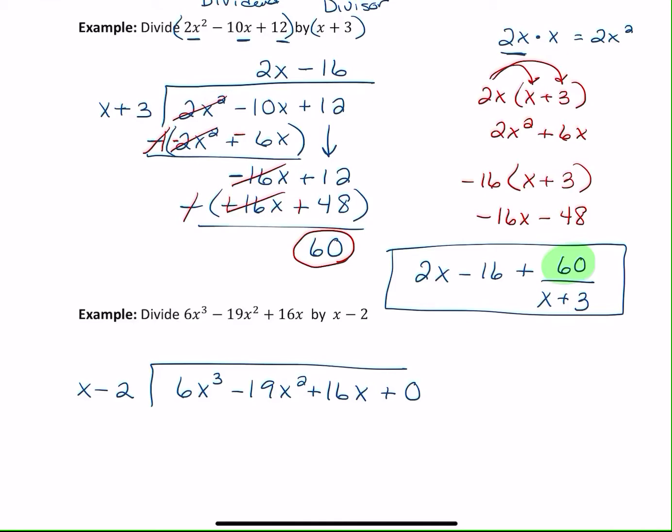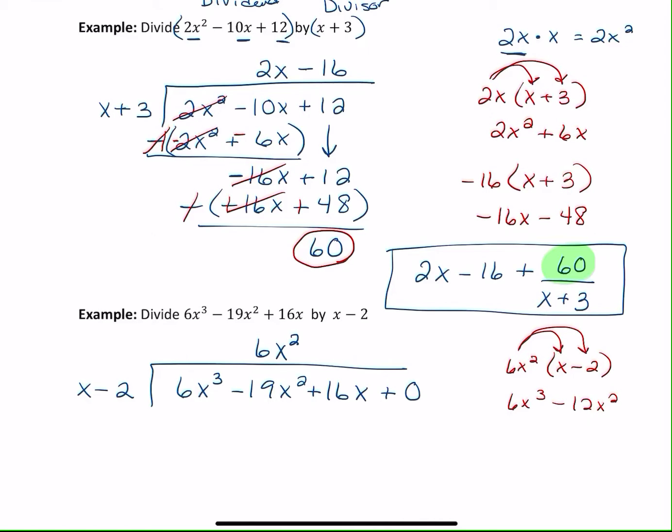So I'm going to start over again. I'm going to say, what do I multiply x by to get 6x cubed? Well, that's going to be a positive 6x squared. So 6x squared times x minus 2 will give me that 6x cubed and then minus 12x squared.